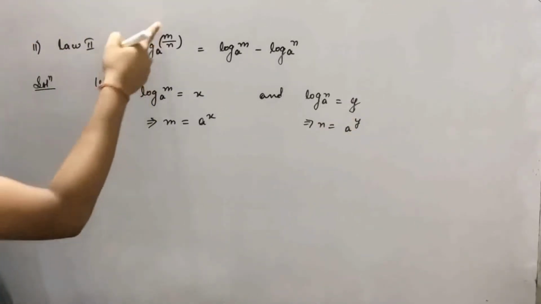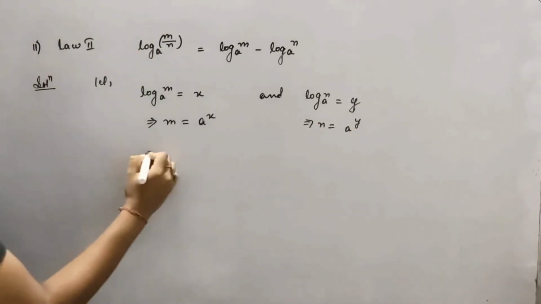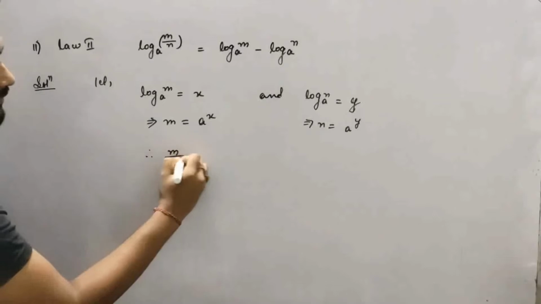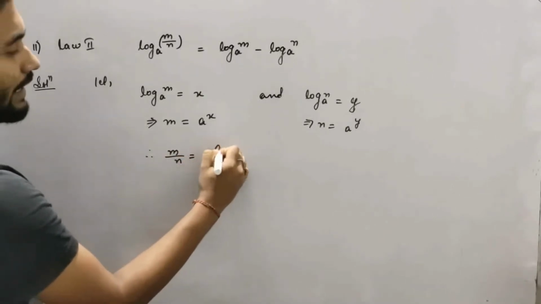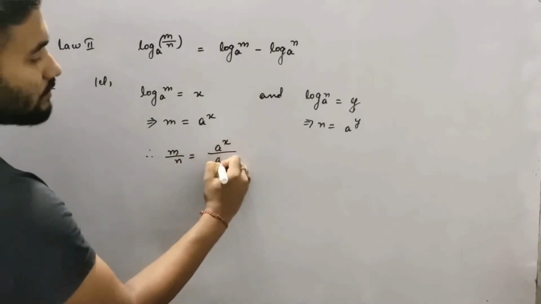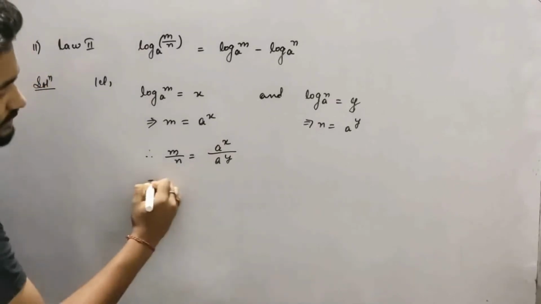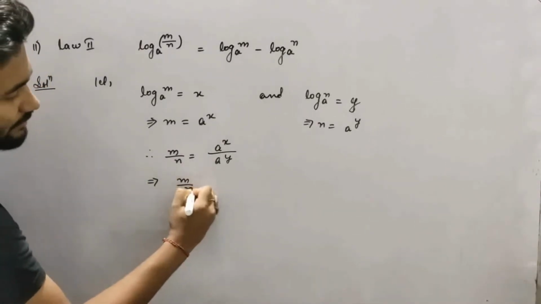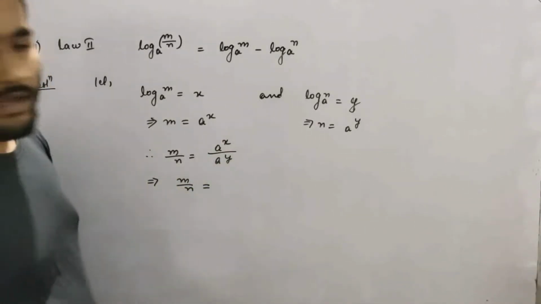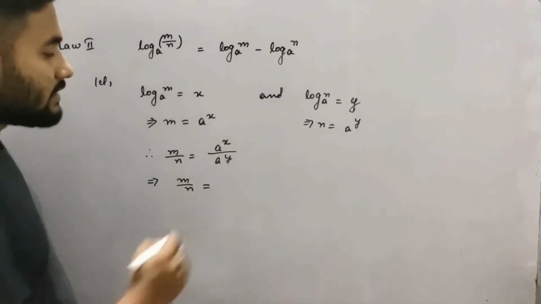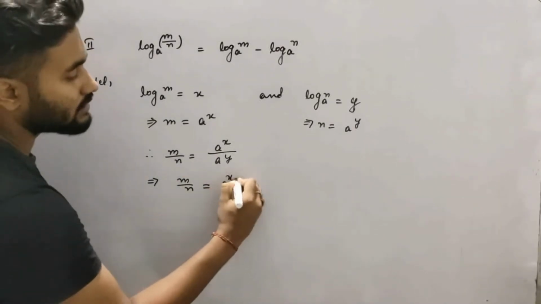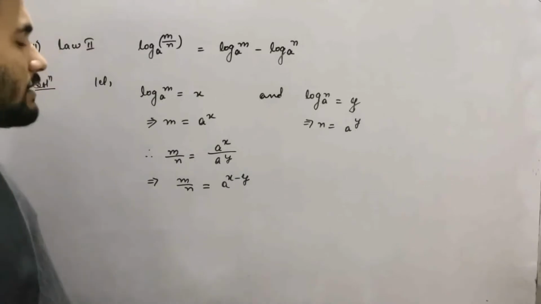Now I am going to do m divided by n. Therefore m divided by n will be a to the power x divided by a to the power y. Apply the index law again: the base is the same and there is division, so the powers get subtracted. That gives a to the power x minus y.